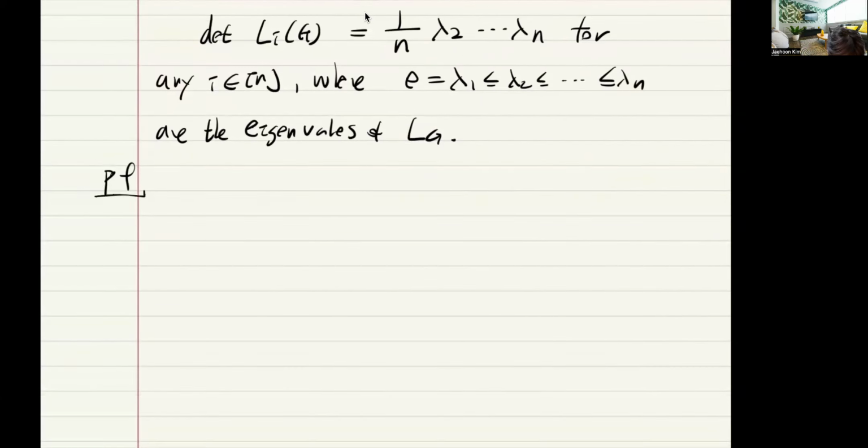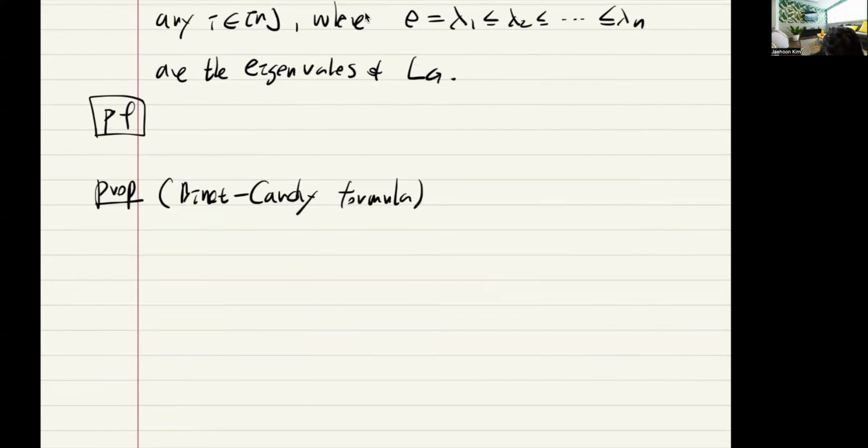So we collect the following well-known fact, which is called the Cauchy-Binet formula.